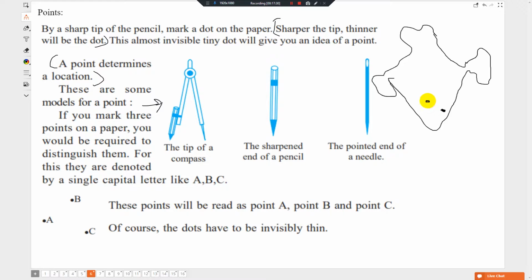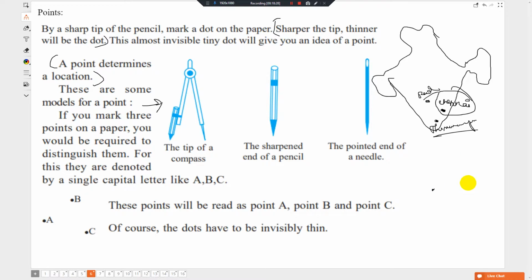If we marked few places with the same name, some people would get confused, thinking Chennai is in Kerala. Like that they'll get confused. So in place of Chennai, we use Chennai, Puducherry, Thiruvananthapuram. Now we can recognize which is Chennai or Chennai. How did we recognize? By naming them.